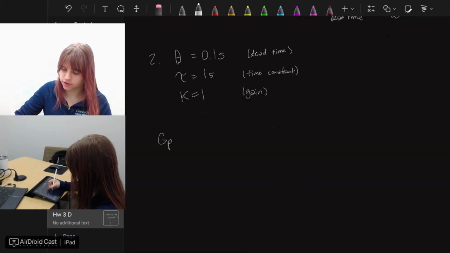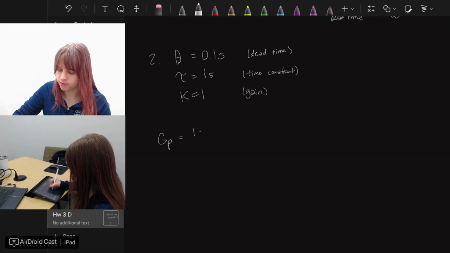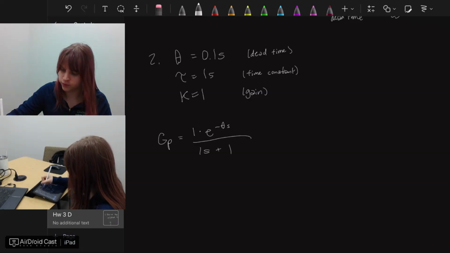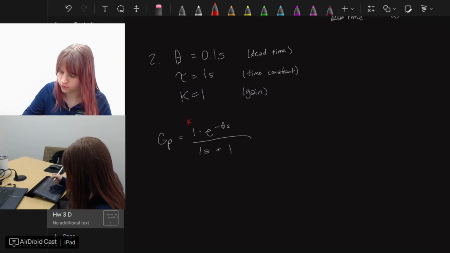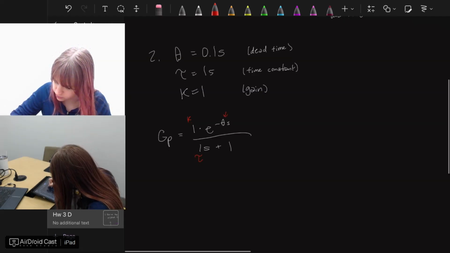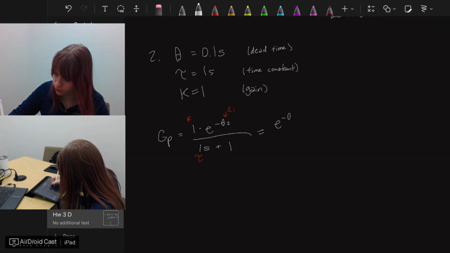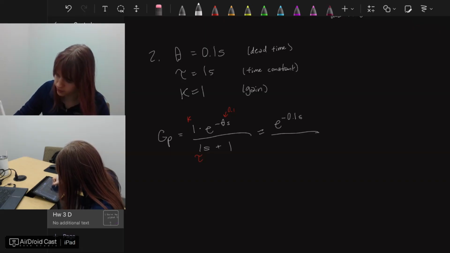This would give us a GP equal to 1 times e to the negative theta s divided by 1s plus 1, because this is our k, this is our tau. And actually we have 0.1 seconds for that, so I should write this as e to the negative 0.1 s divided by s plus 1. That is our GP.